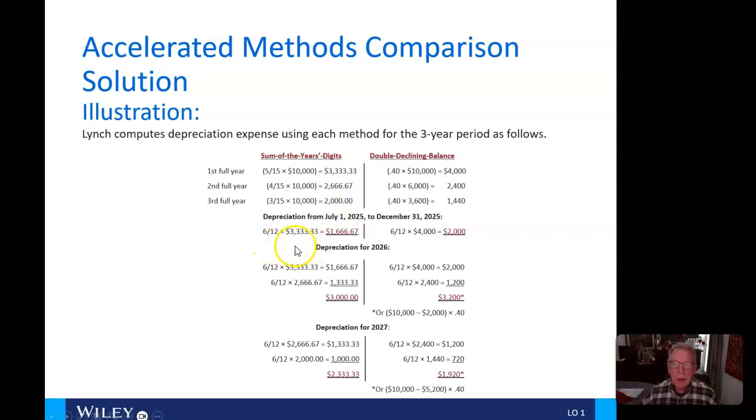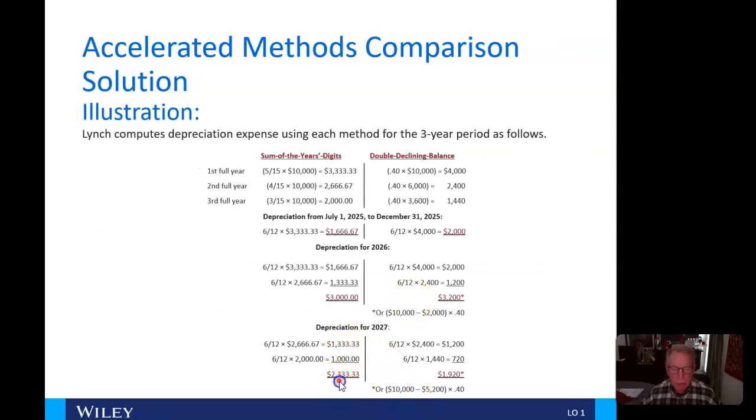For the partial year, depreciation from July 1 to December 31, 2025, we would take 1/2 of this $3,333.33 to get to $1,667.67. Then we would take half of the next year plus half of the next year and stagger those numbers forward.